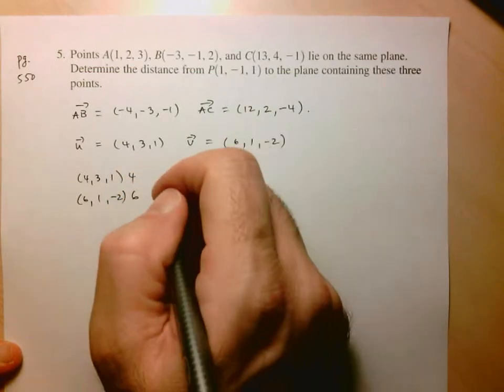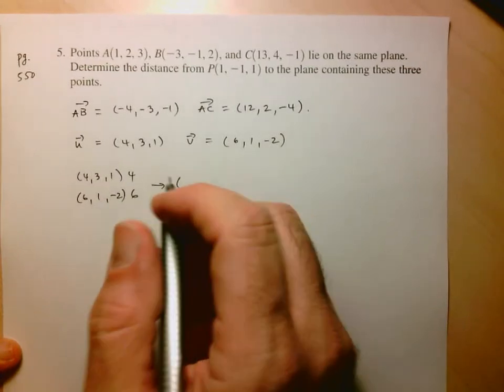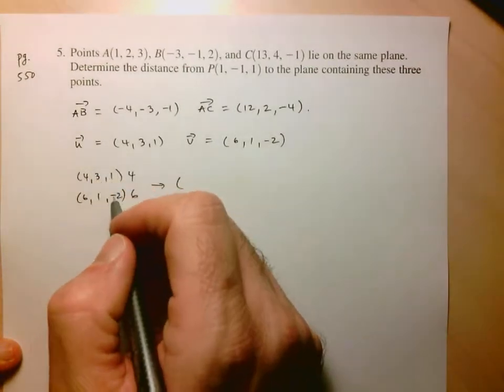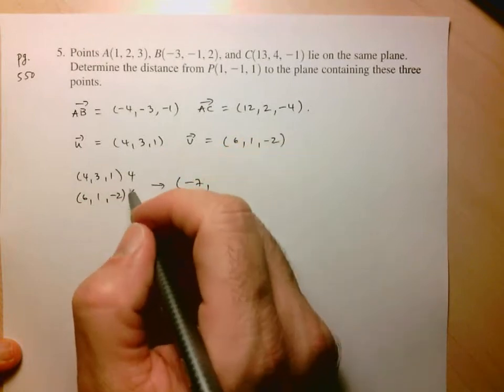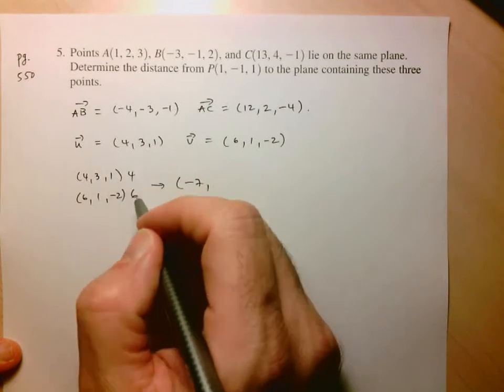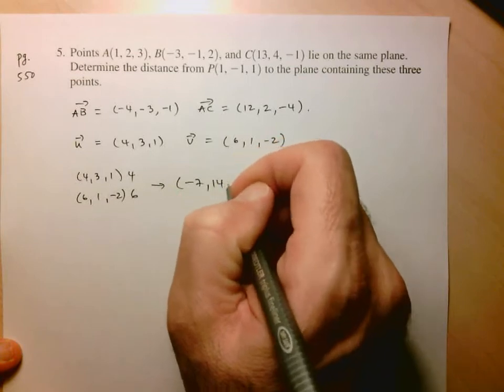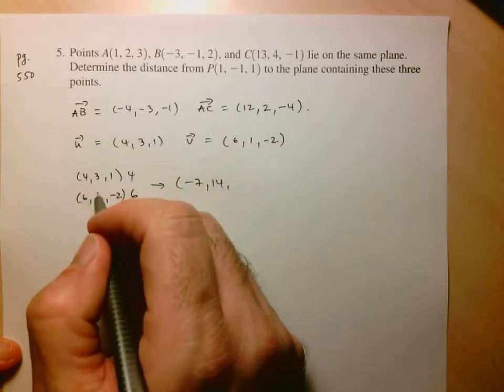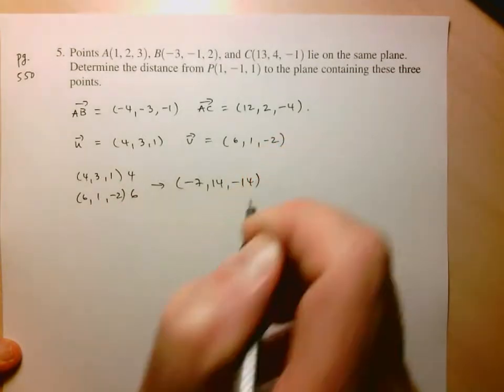Okay, and that gives us our cross product of -6 minus 1 is -7. Here we've got 6 minus -8, so 6 plus 8 is 14. And so here we've got 4 minus 18, which is -14.